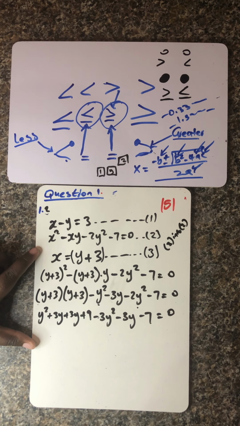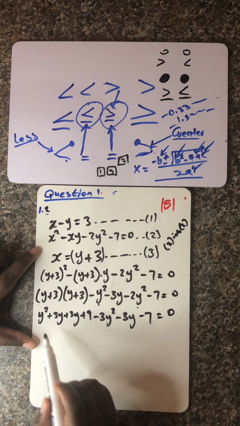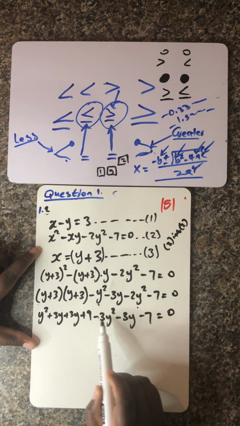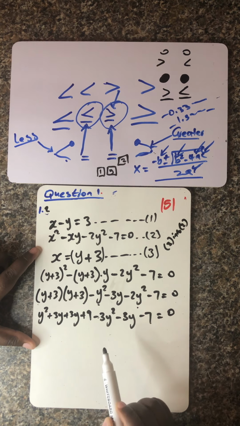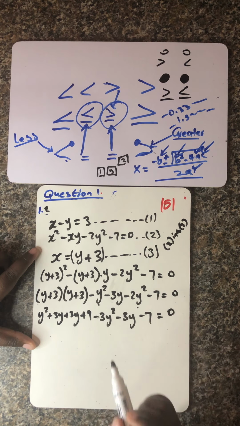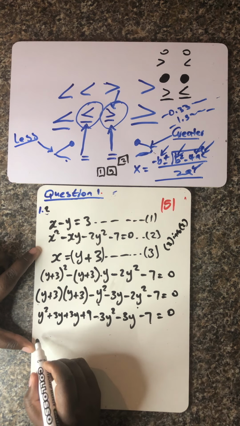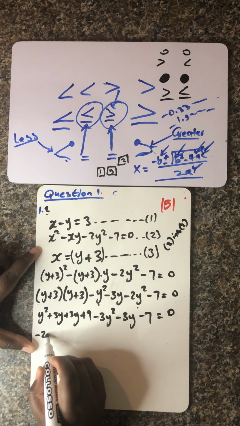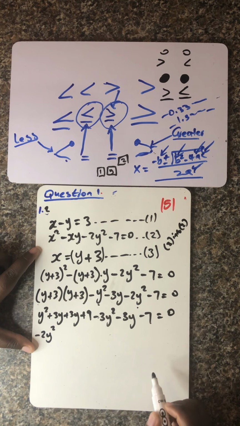So now let's have a look at the like terms. Can you see you've got y squared, you've got y squared. So this is 1 minus 3. You know on a calculator, if you punch 1 minus 3, it gives you minus 2. 2 of what? Of y squared.